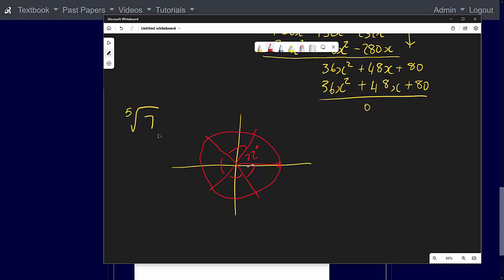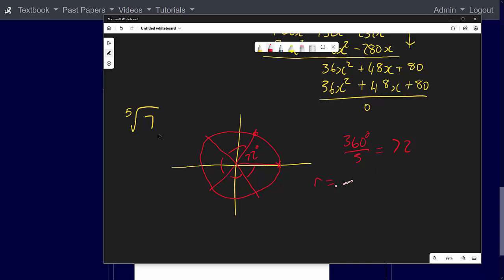So we've got 5 roots, and 4 of them are complex, and that's what we need to find out. So what we're going to do is we're going to get 360, and we're going to divide that by 5, which is where we get the 72 from. And then this point here is going to be the fifth root of 7. Let's call it r for now.